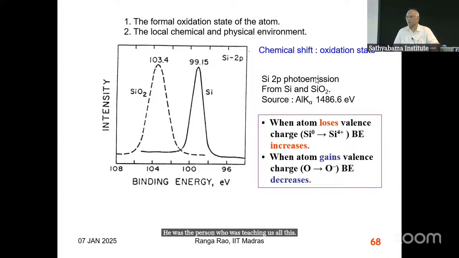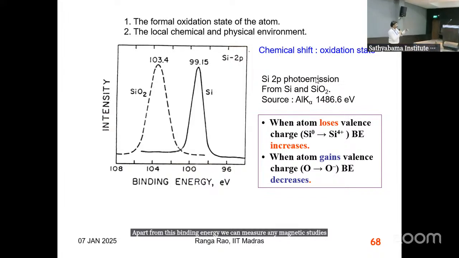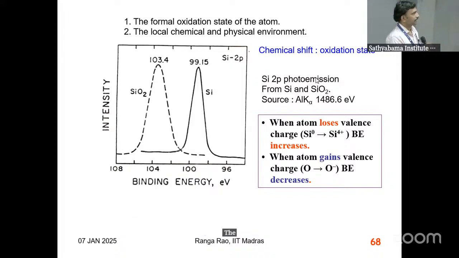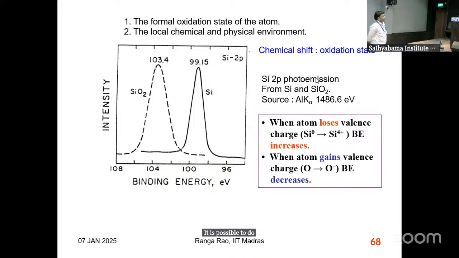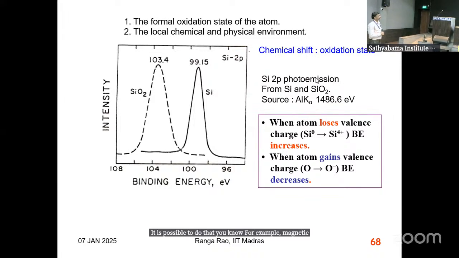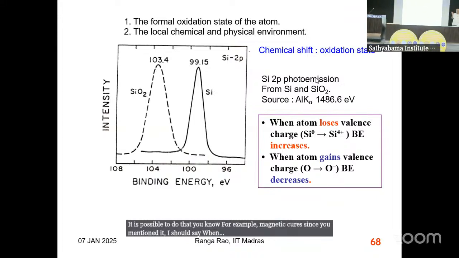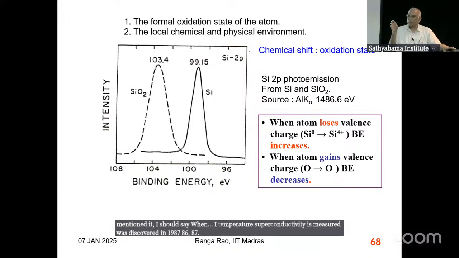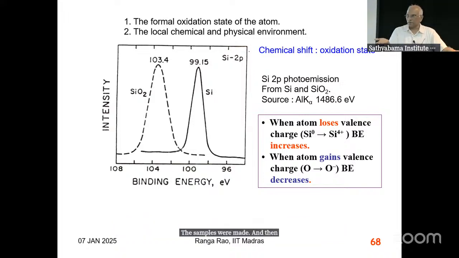Apart from binding energy, can we measure any magnetic properties and correlate this XPS data with UPS? That's a good question. The machine which is installed at ARCI can do that. For example, magnetic, since you mentioned it, when high temperature superconductivity was discovered in 1986, 87, the samples were made and then they tested the superconductivity.